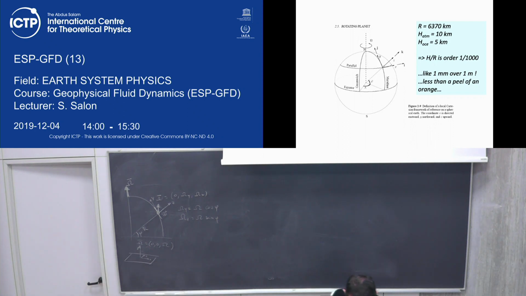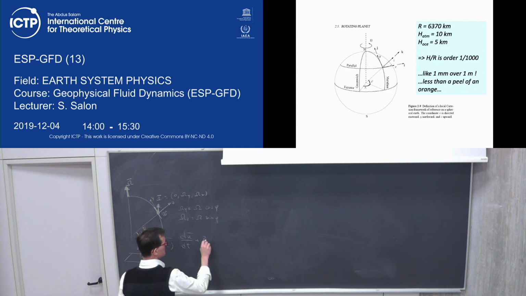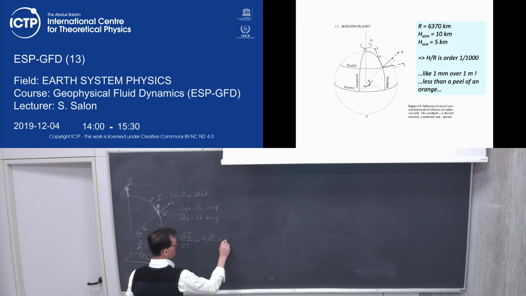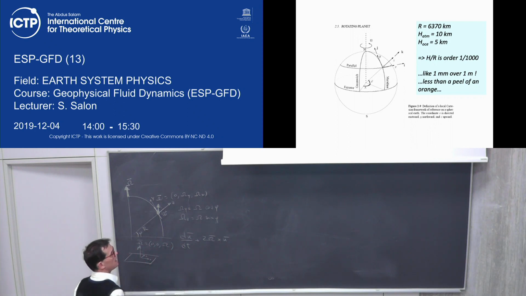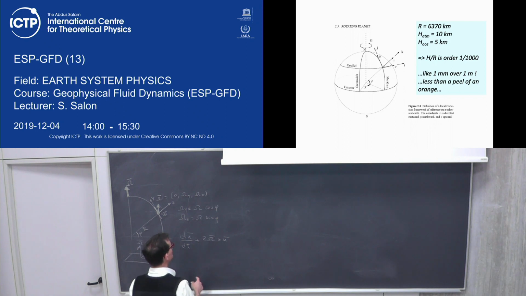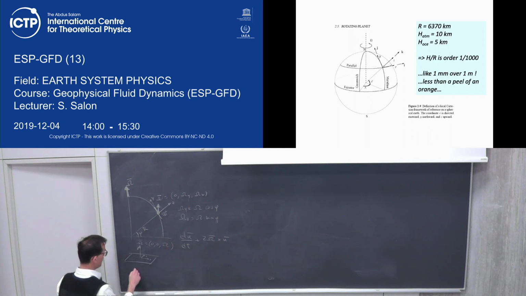So when we have our Coriolis force component, when we do the vector product, remember that in this case we had i, j, k, 0, 0, omega, u, v, and 0.